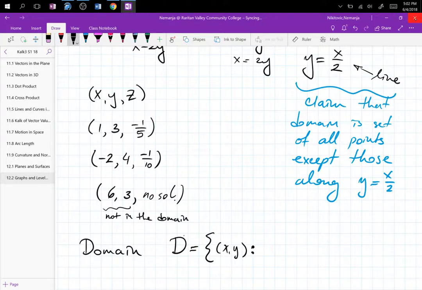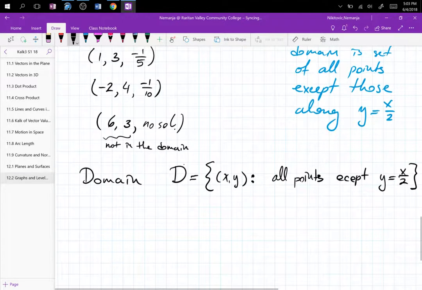Now, some books will use a semicolon, some books will be using the big line like this. So whatever they say. So all x, y, and then these two dots or the big line is read as such that, and then we can say that all points except y equals x over 2. So this would be a notation which shows the domain.